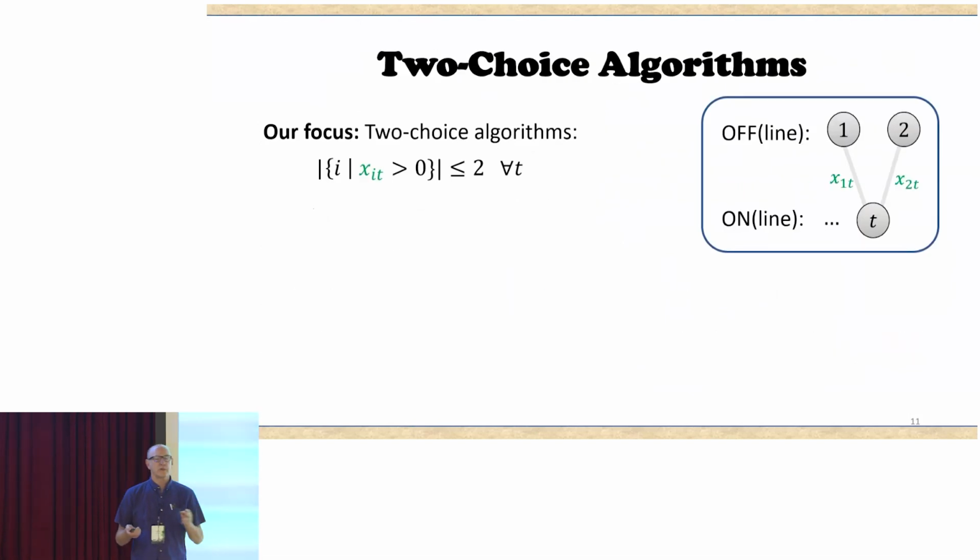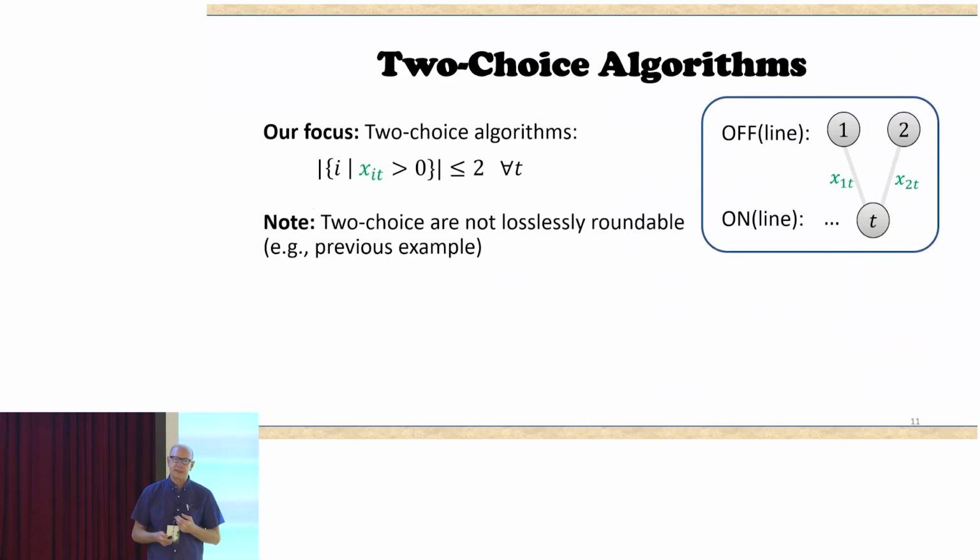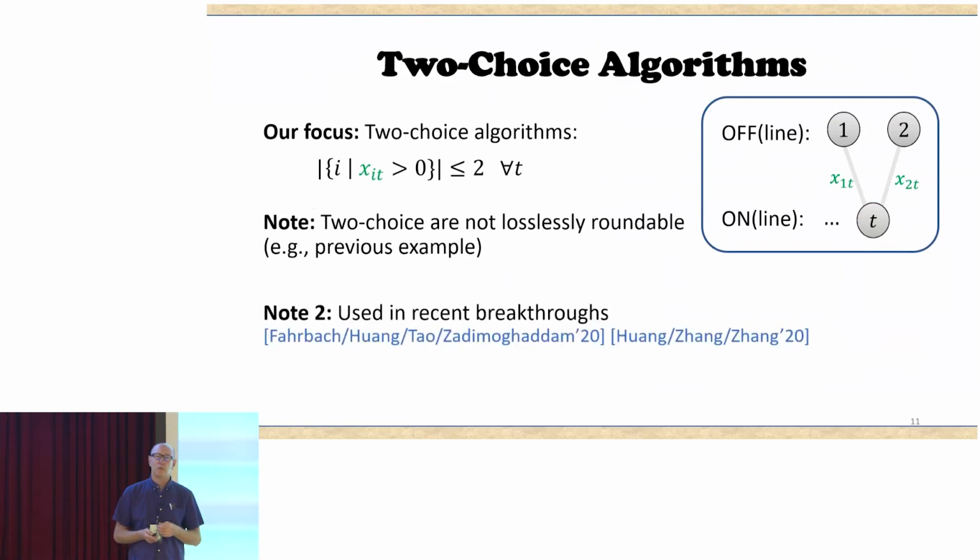Okay, so we're going to focus on what's called two-choice algorithms, which means that an online algorithm only considers two of its offline neighbors and changes the fractions of these neighbors. Now, in general, two-choice solutions are not losslessly roundable. This is what we saw in the bad example. So this means that we need to add more constraints.